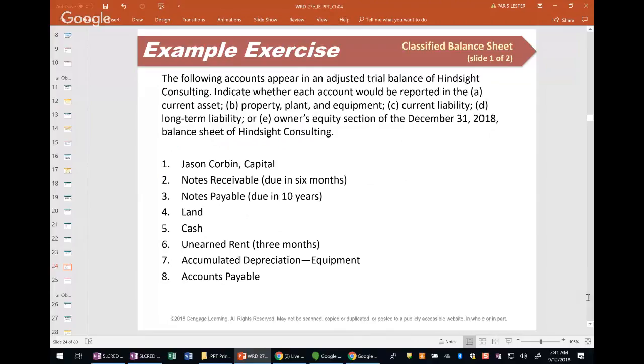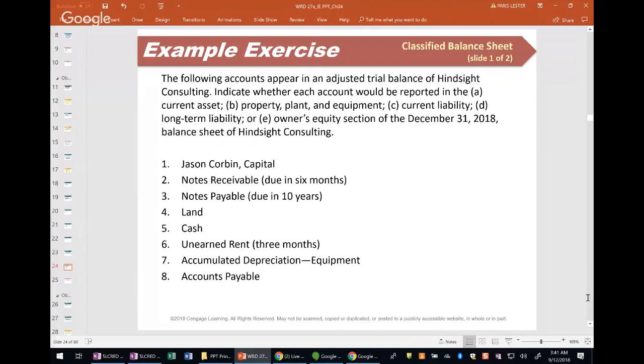Which one? Fixed asset, property, plant, and equipment. Cash? Yeah, but which one? Current. Unearned rent? C, current liability. Accumulated depreciation? B, property, plant, and equipment.